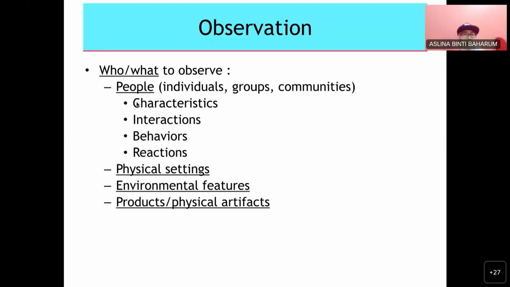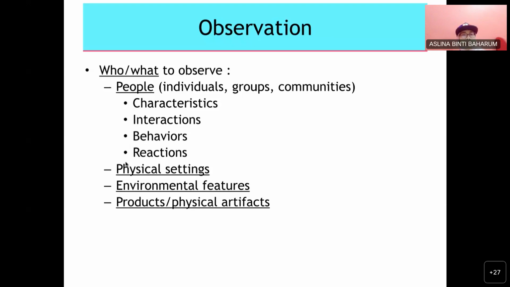So you need to look at the people's characteristics. What kind of lifestyle, what kind of product they need, what interaction they prefer. Cashless, or they want other methods like using a card point, membership. Look at the behavior on the shopping, and also the reactions.